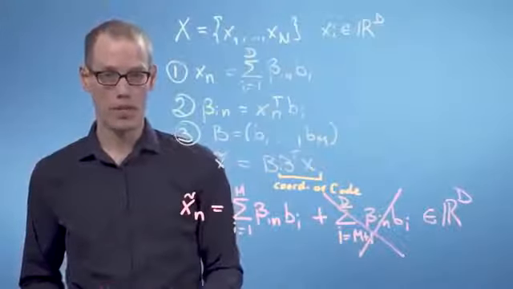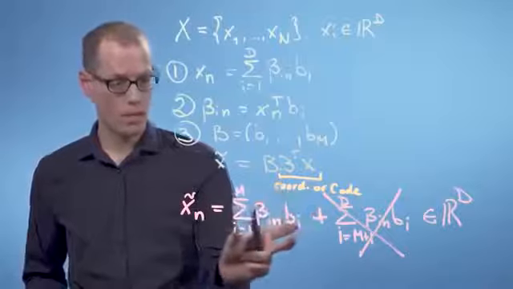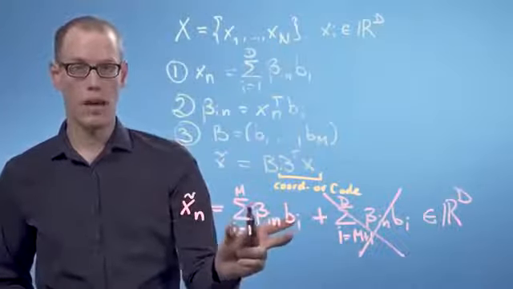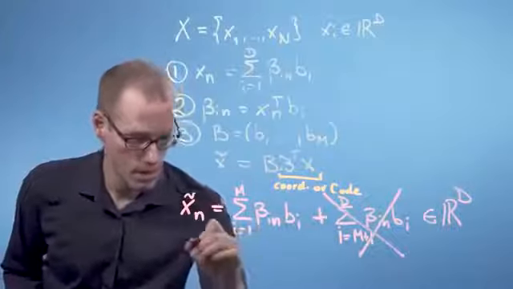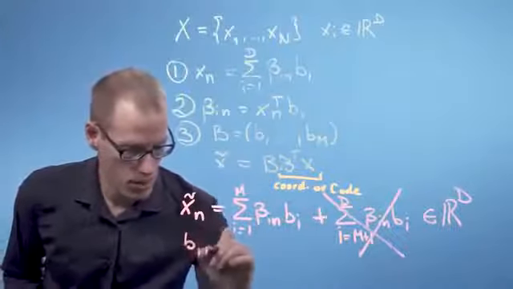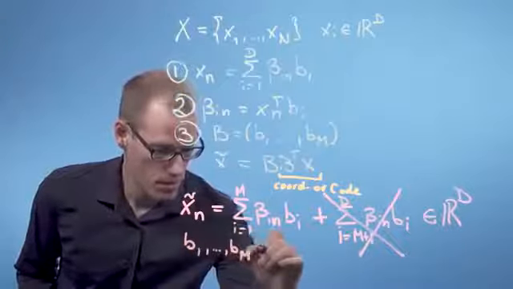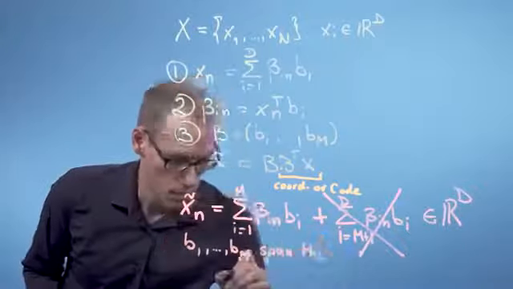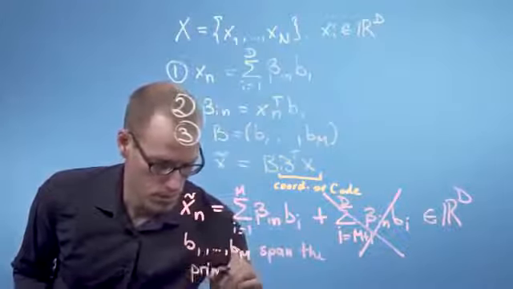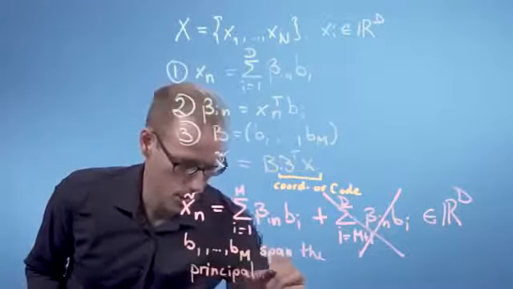And then we call the subspace that is spanned by the basis vectors b_1 to b_M the principal subspace. So b_1 to b_M span the principal subspace.